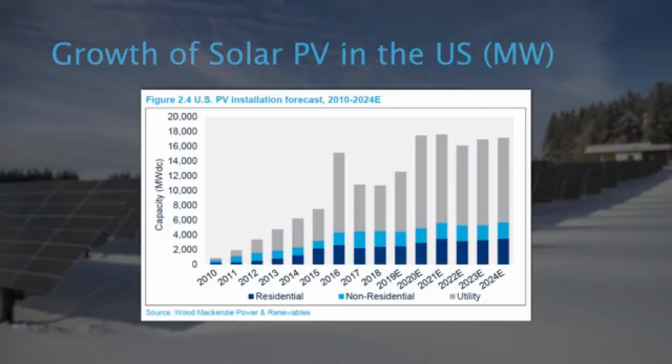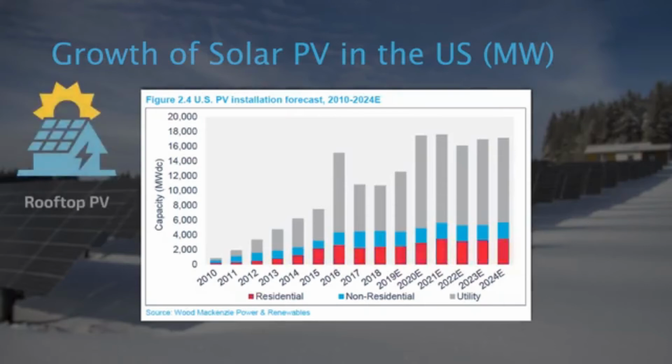So in the industry here, this is a couple of graphs about that. The growth in installations, this is just for the United States. Of course, there's been growth in the residential, and non-residential is like small commercial and industrial. So there's kind of four sectors. There's the residential, put solar panels on your house.